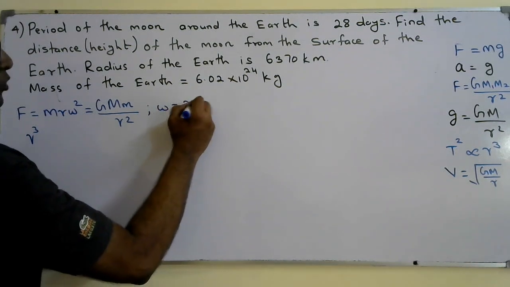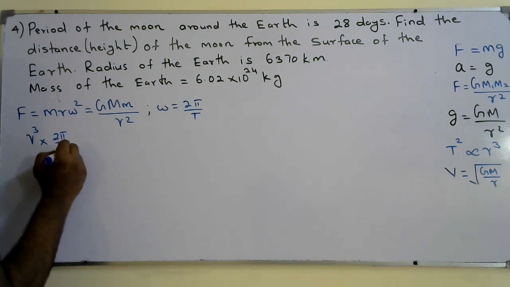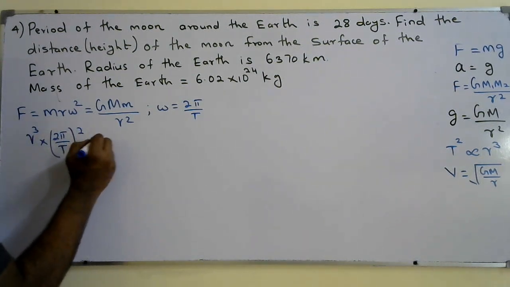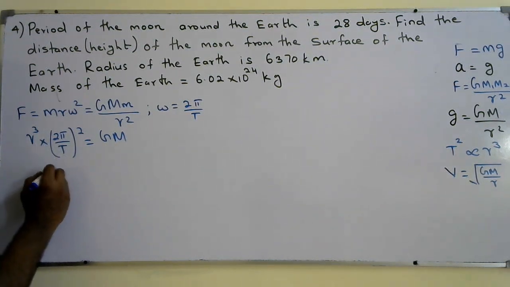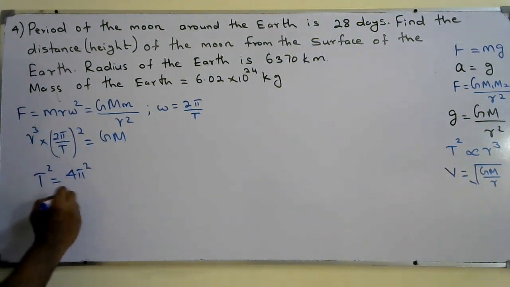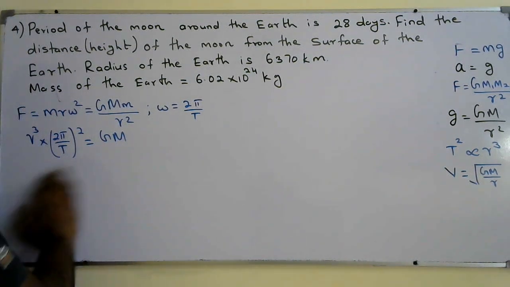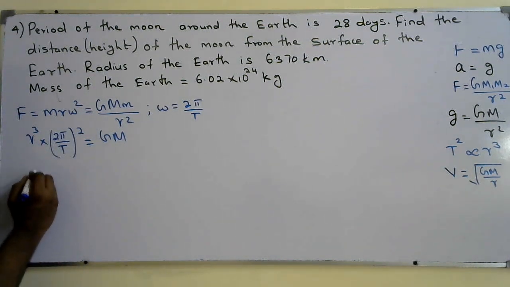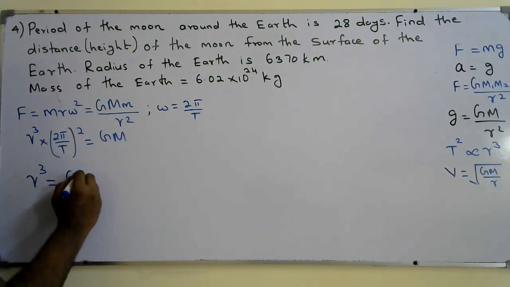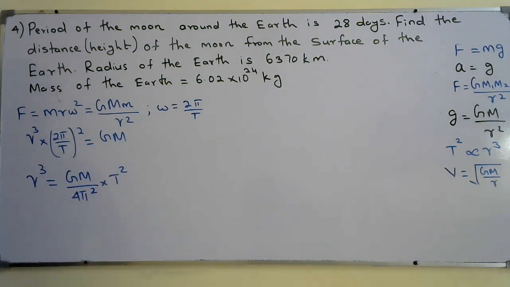We know that omega equals 2 pi over T in circular motion, so omega squared is 2 pi over T all squared, equal to G M. Solve it and make T the subject: T squared equals 4 pi squared over G M times r cube. Or you can make r cube the subject, because we are going to find the height. So r cube is equal to G M over 4 pi squared times T squared.